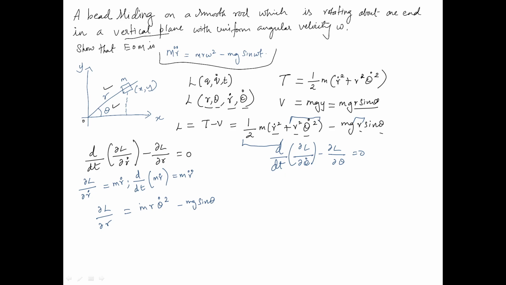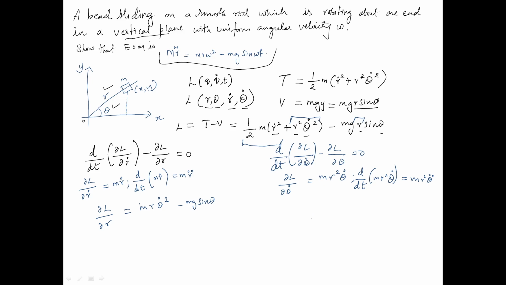Then we have to write the other term, dou L by dou theta dot, which is m r square theta dot, and d by dt of that gives m r square theta double dot.